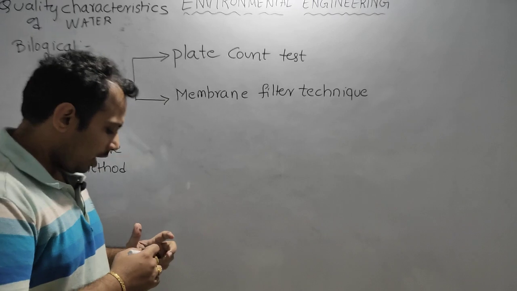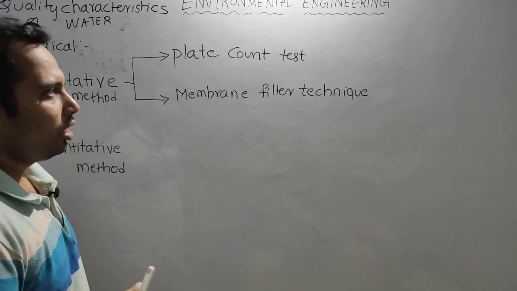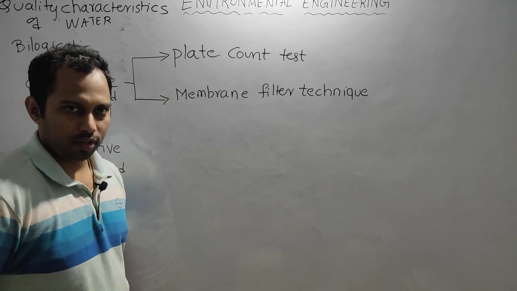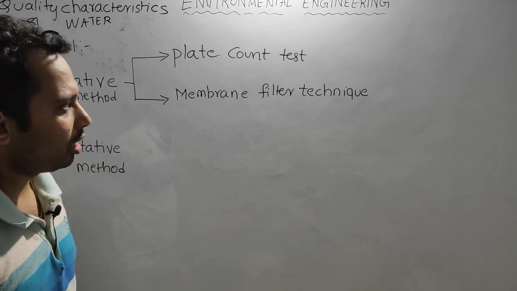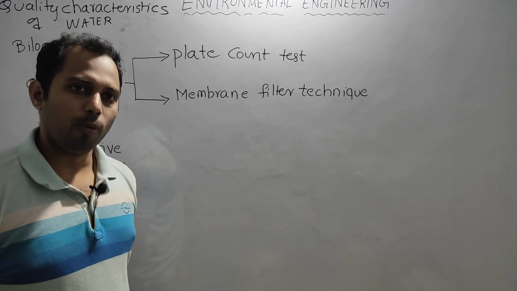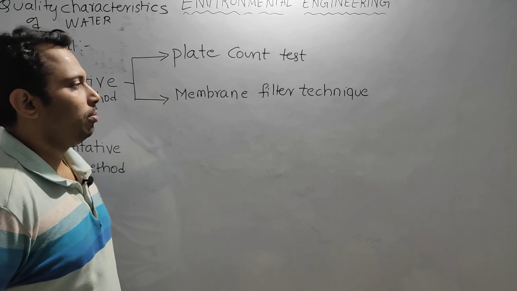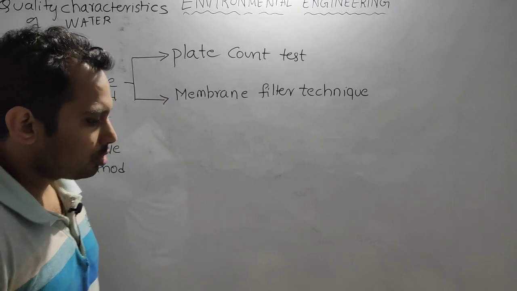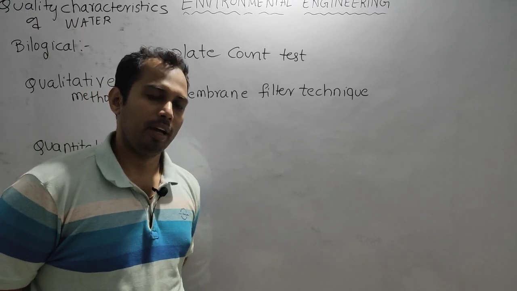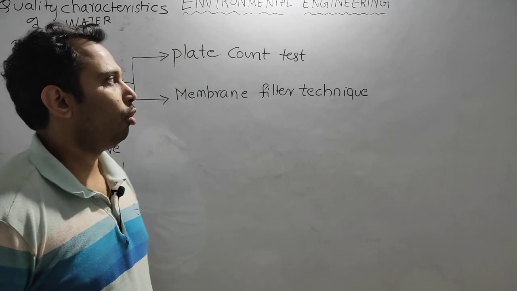In the plate count test, these tests are very simple to understand. Whenever you take a microorganism or any kind of organism, it can grow only with food. When there is no food, no organism can grow. Even living beings like us grow only when we get a sufficient amount of food. Similarly, the microorganisms are given a good amount of nutrients by which they can grow.